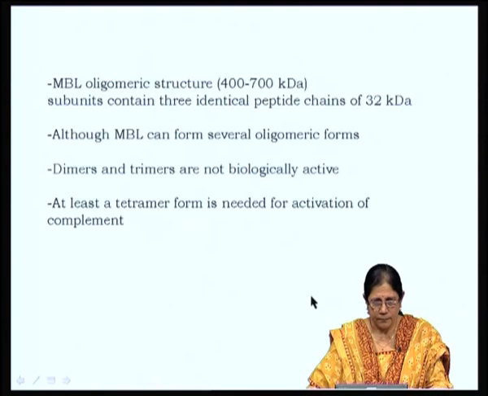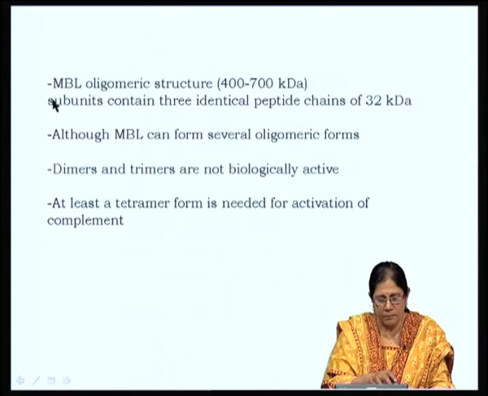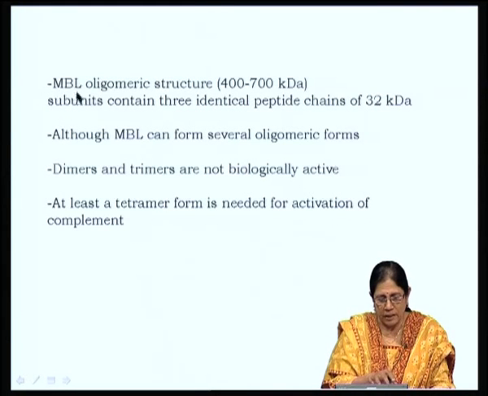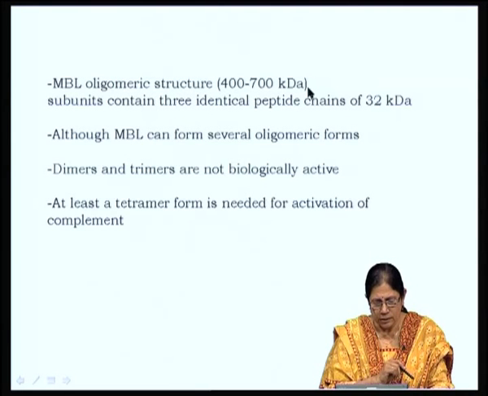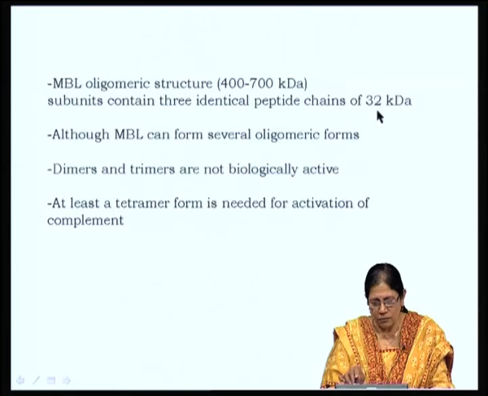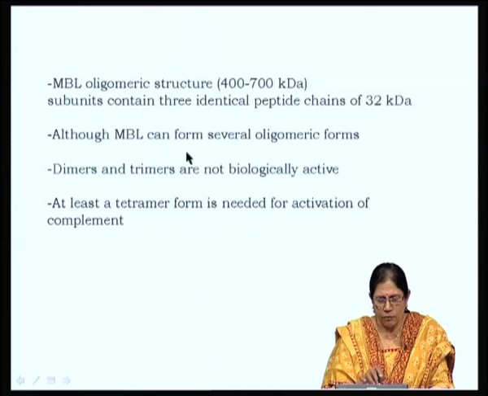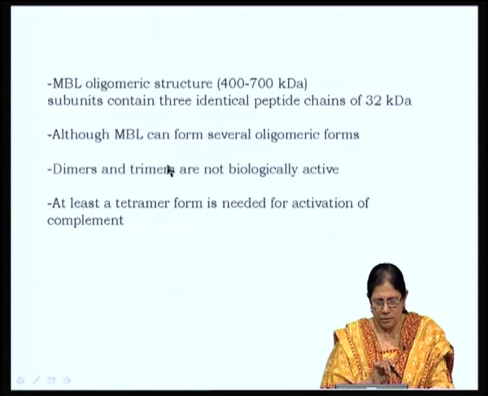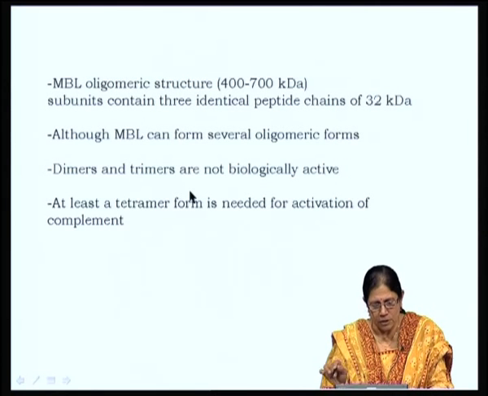A little bit with regard to the MBL, it has an oligomeric structure which could be 400 to 700 kilodalton. Subunits contain 3 identical peptide chains of 32 kilodalton to make that flowery structure, but it is known that MBL can form several oligomeric forms: dimers, trimers, tetramers, and so on.